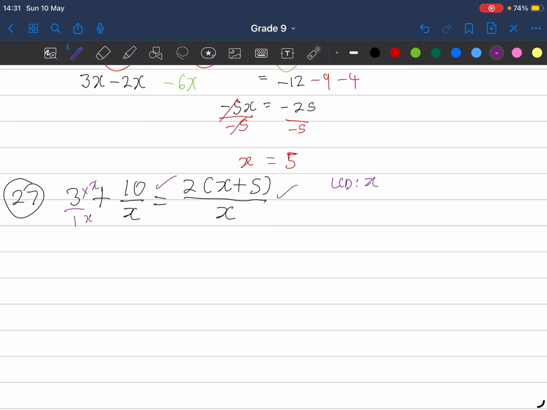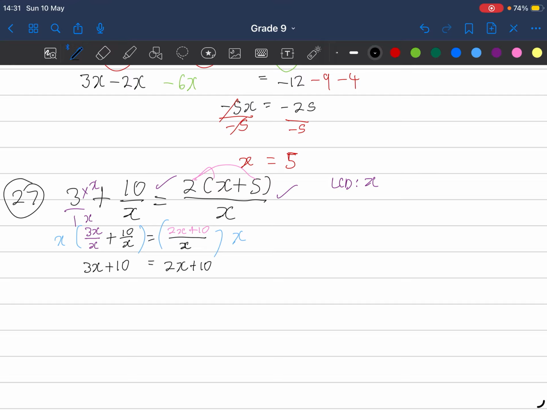This will simply just get an x, so we'll have 3x over x plus 10 over x equals, I'm also going to distribute this, 2x plus 10 over x, and then we're going to get rid of the denominator by multiplying both sides by x. I'll be left with the numerators, which are 3x plus 10 and 2x plus 10.